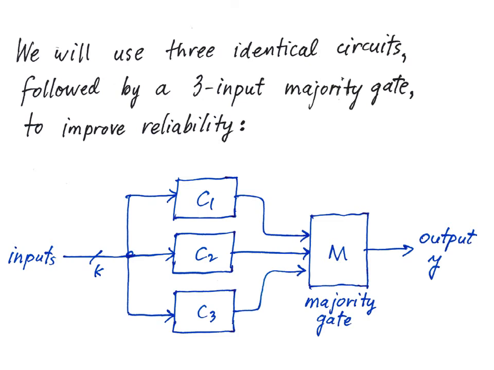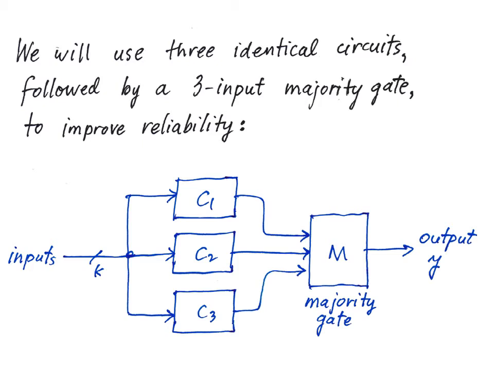What we can do is use 3 identical circuits, call them C1, C2, C3. Although they are all identical and assumed to work each with reliability P independently of the rest.